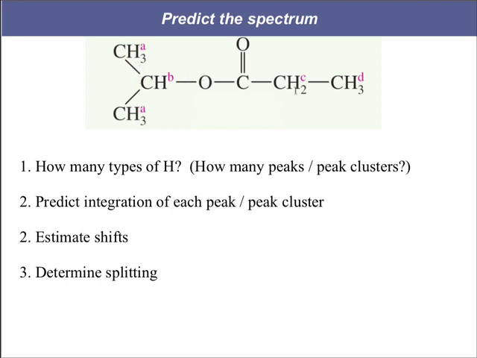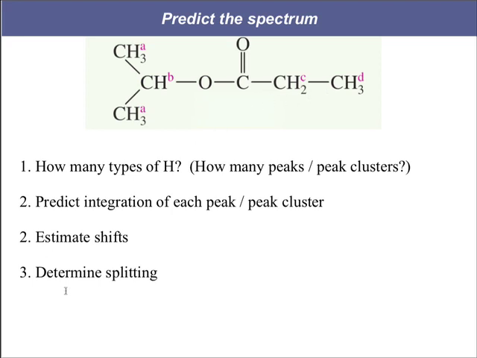So they're different environments. Also, clearly our CH2 is going to be a different environment than our CH, because the CH2 is next to a carbonyl and the CH is next to an oxygen. So we've got 4 different environments. A's are the same, the B, and the C, and the D. So you should see 4 peak clusters from this.